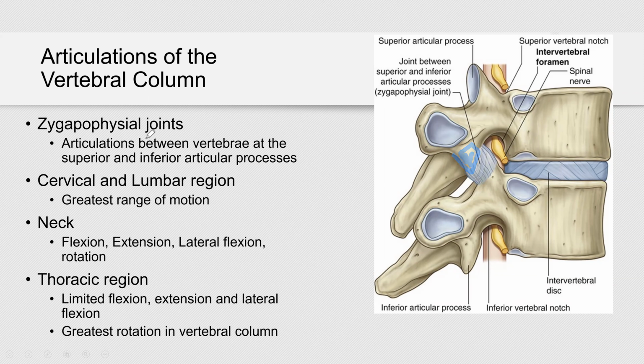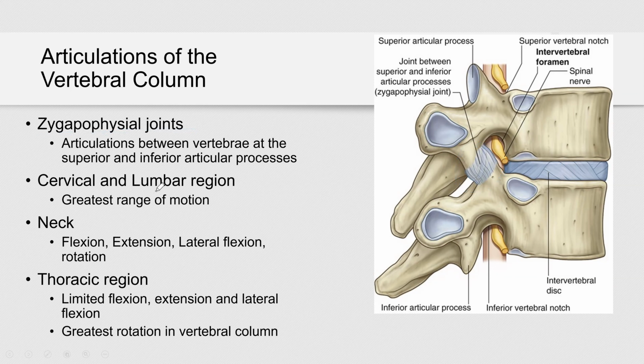The joint between them is the zygapophyseal joint. We have other joints between vertebrae, like the intervertebral disc, for example, but this is not a synovial joint. That's why we are concentrating on those joints only.